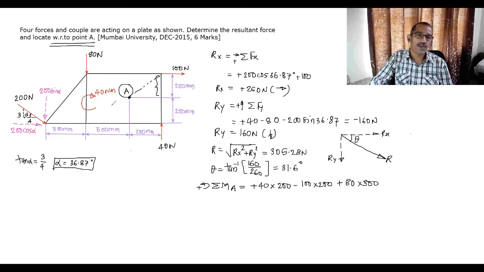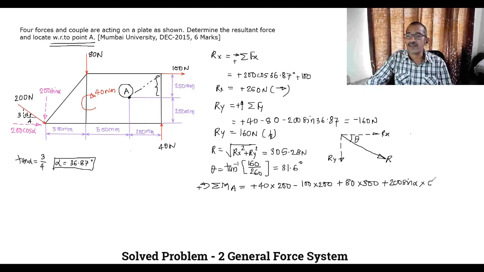The moment of 200 cos alpha is not zero because you are taking moments about point A. The moment of the vertical component about A is in which direction? Anti-clockwise, plus 200 sine alpha into the distance. For the line of action of 200 sine alpha, the horizontal distance up to A is 600.